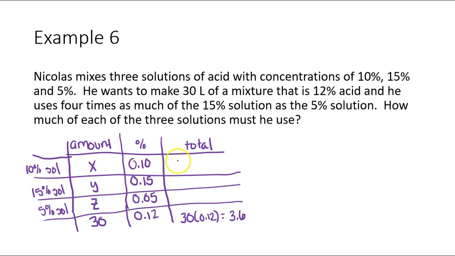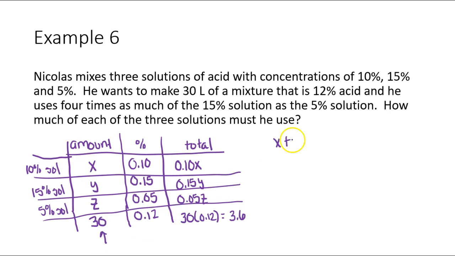And then the total out here is just going to be the product, or the percent, of each amount. So 0.10x, 0.15y, and 0.05z.